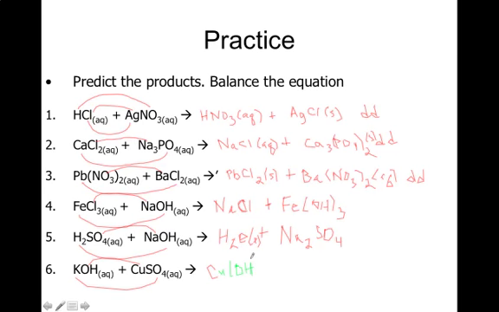I'm just not having good luck with my pen right now. 2 copper hydroxides and potassium sulfate.